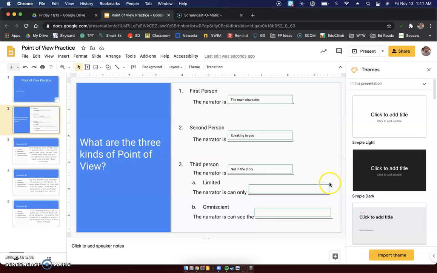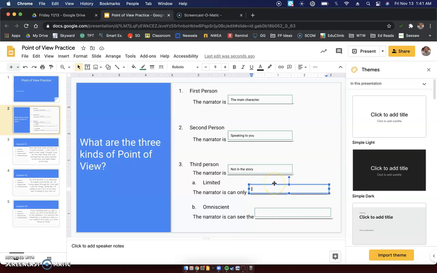So with third person, there are two different kinds of third person point of view. There's limited and there's omniscient. In limited, the narrator can only see the thoughts and feelings of one character.